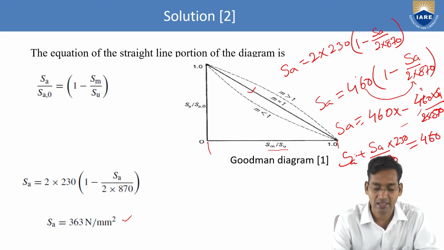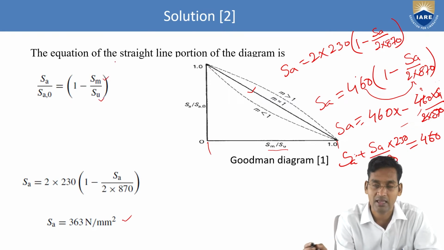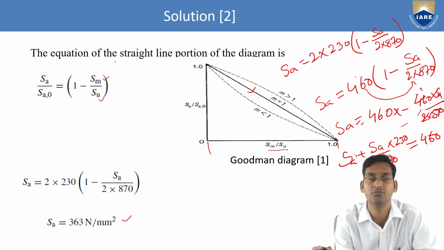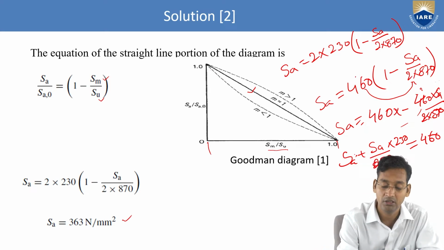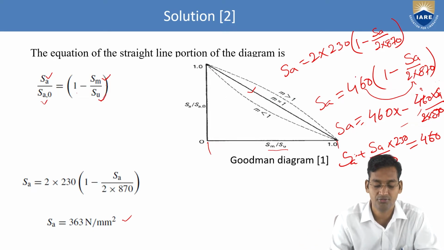So let's see what is required here. Simply, SU is given in the question, this value. SM we know as SA by 2 in terms of the factor of safety, right? SA, just from this figure, you can see SA by S0, that is y-axis by y-intercept, is equal to 1 minus x-axis by x-intercept, right?